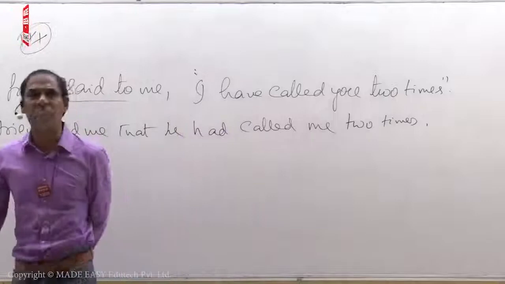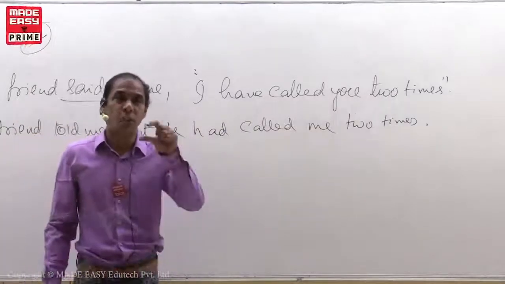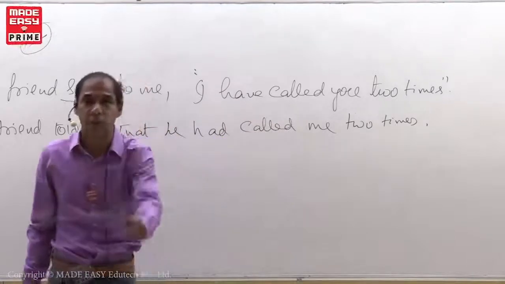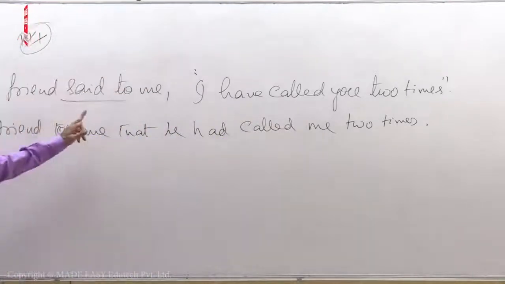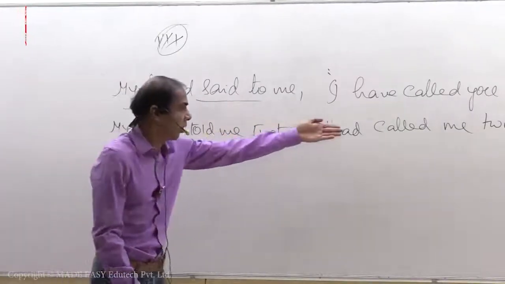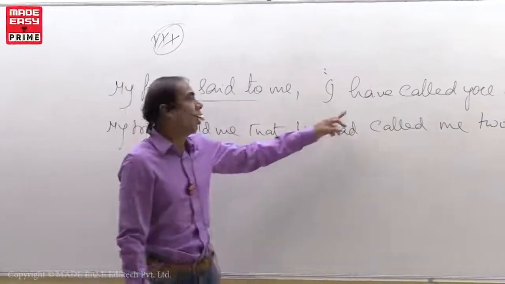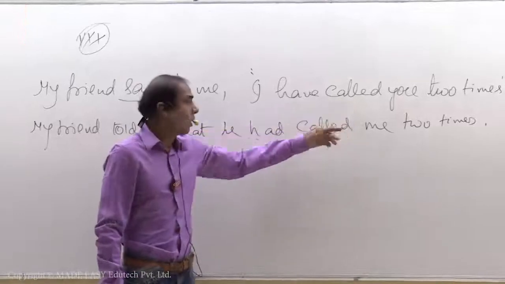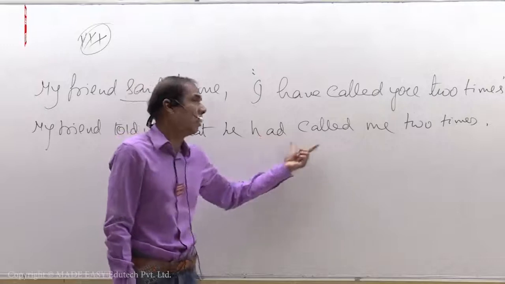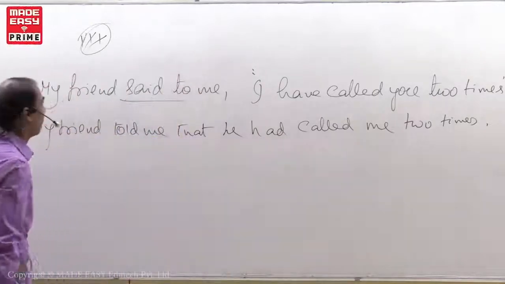Very easy. If you are good at tense formulae, you can play with this topic. My friend said to me, I have called you 2 times. My friend told me that he had called me 2 times. Have called, present perfect tense, should be turned into past perfect. Had plus V3. That's it.